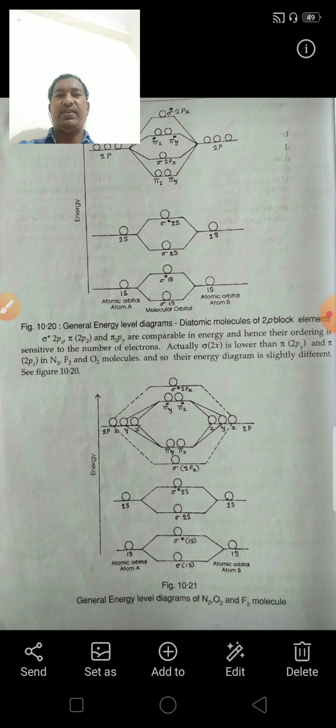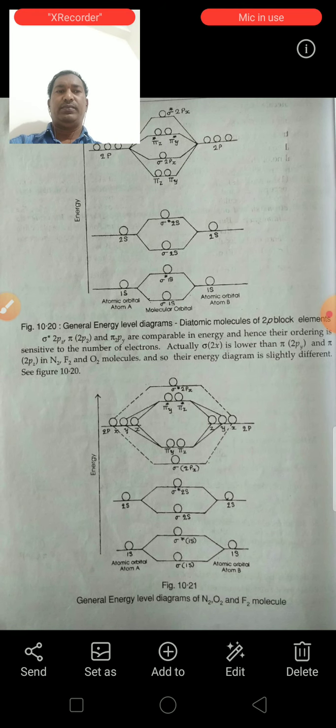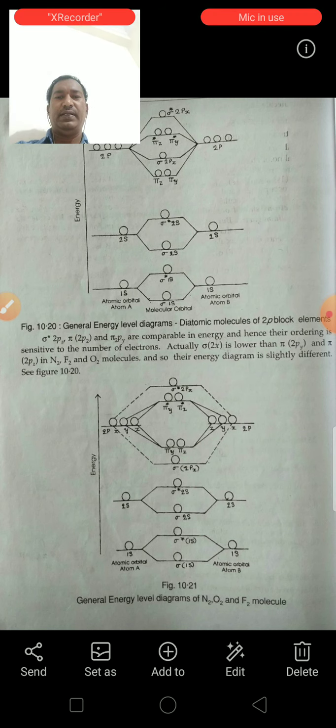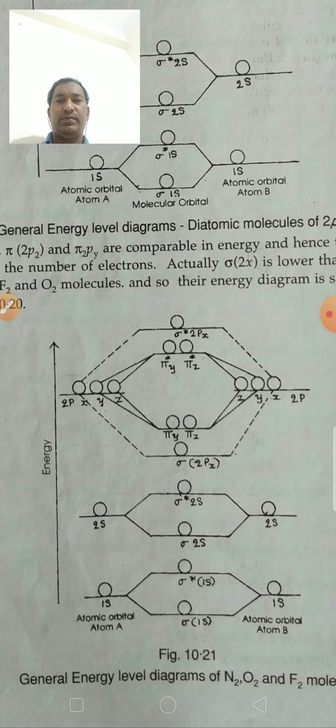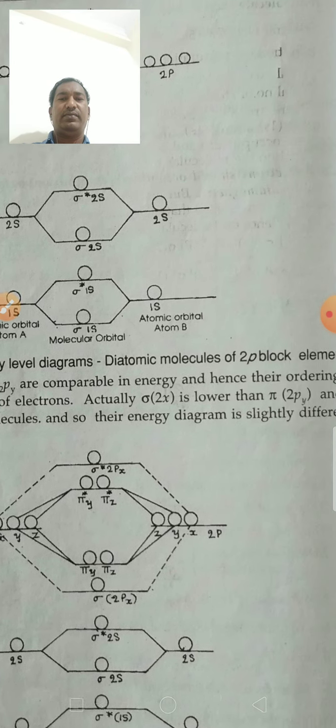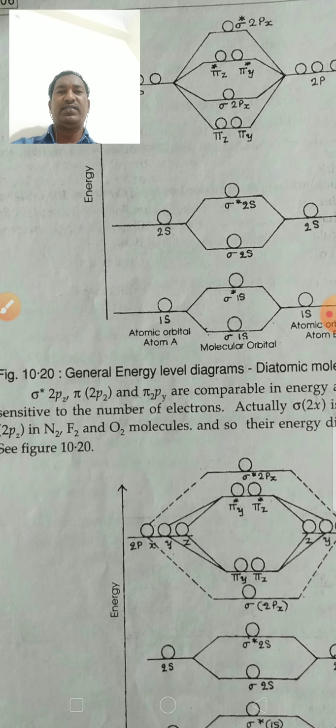See a general energy level diagram for diatomic molecules of 2p block elements. 2p block elements means boron and so on, the third group and fourth group elements. Here sigma 2pz and pi 2py are comparable in energy, and hence their ordering changes. We already discussed this.